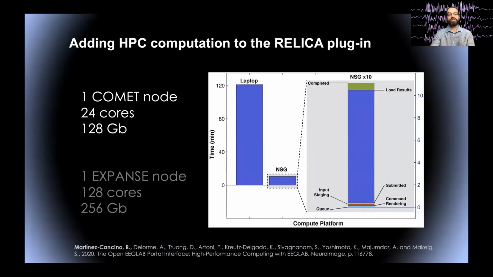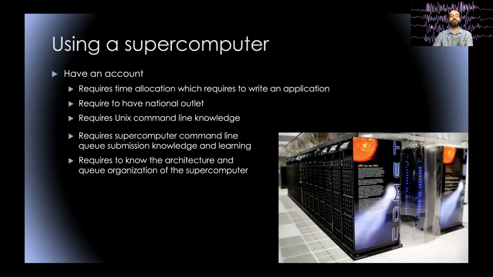And here is just the comparison between laptop single core and NSG multiple core, and the time it takes to queue, estimate running the jobs, and then loading the results. Usually the gain in time is about 10.